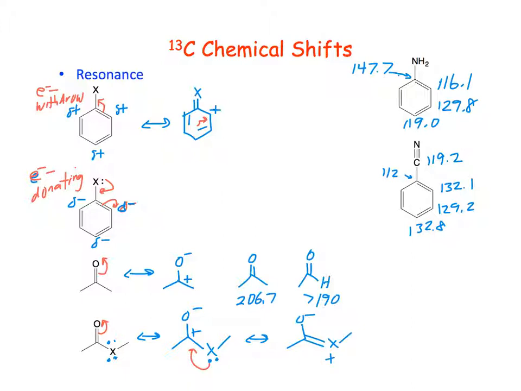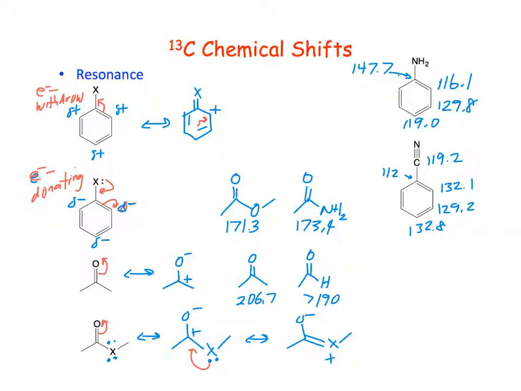So if we look at an ester, then this is at 171.3. Right, so it's much upfield from where the ketones and aldehydes are. And if we look at an amide, it's the same kind of thing, 173.4.